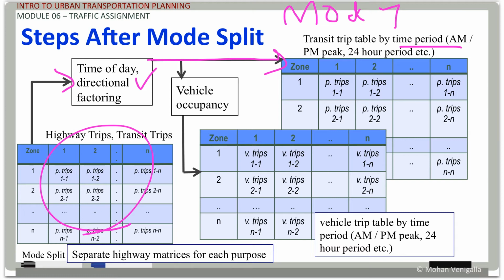Now, what do I mean by time period? Typically, trip generation, distribution, and mode split happen on a 24-hour trip table. And then they take that and split it into morning, afternoon, peak periods, and 24-hour. And sometimes they do an off-peak period too.